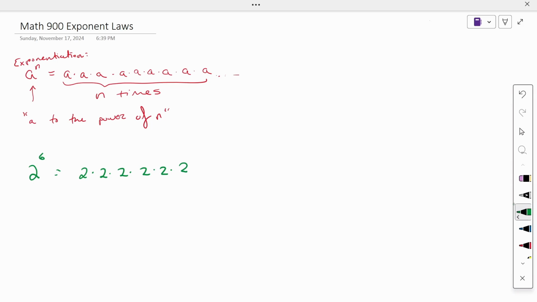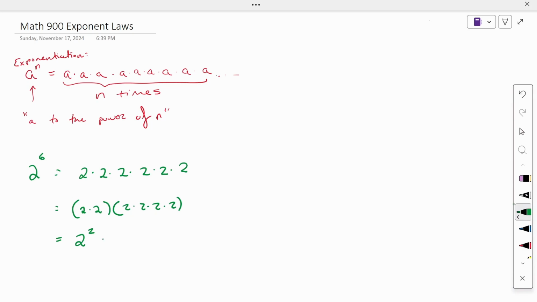And what we can do if we start to apply the associative law is we can start to segment off these calculations. And we learned earlier in this year that if I was to, say, insert parentheses around the first two 2's, and if I inserted parentheses around the last four 2's, by the definition of exponentiation, because I have 2 multiplied by itself 2 times, I can rewrite that as 2 squared.